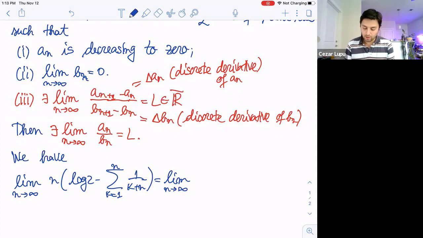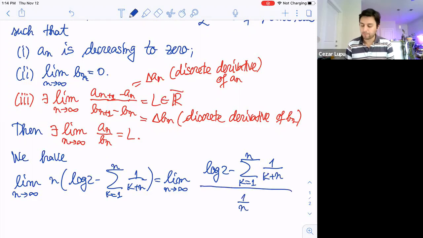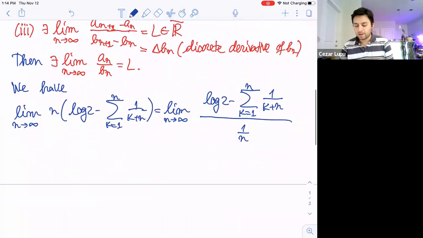So we can write this in the following way. We have two options here, so I'll prefer this one, I think it's better. One over n, right? And at this point, this is 0 over 0, so I can apply the Cesàro-Stolz.